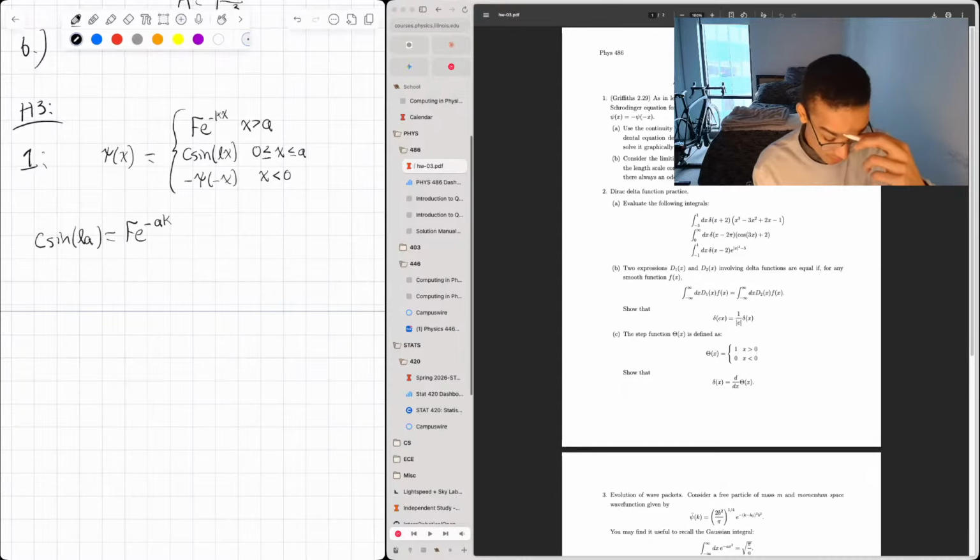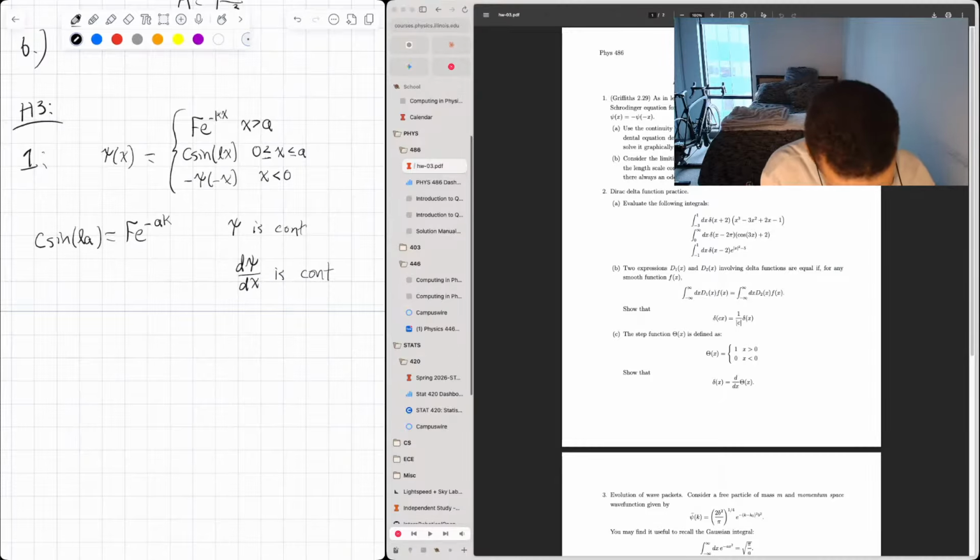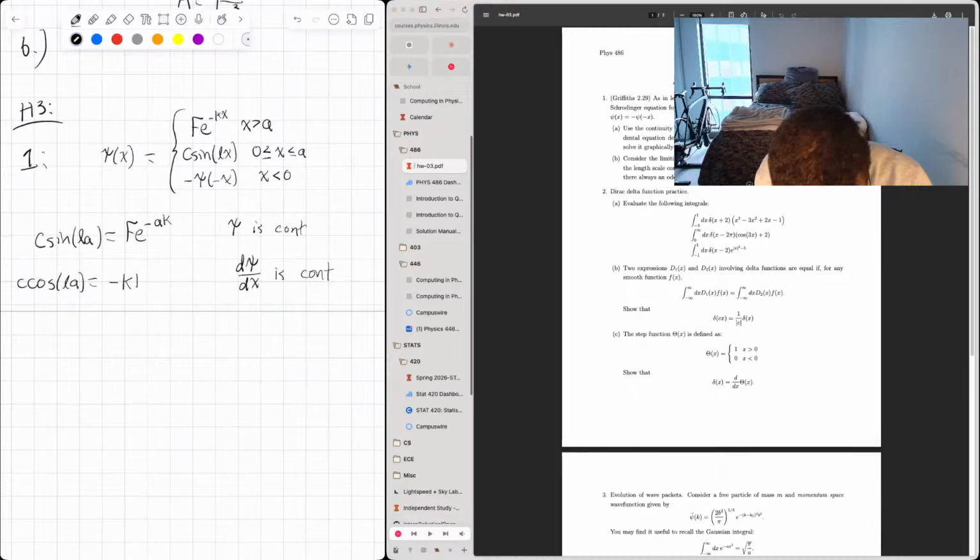Okay, no, I see. So the continuity says that psi is continuous over, well, it's free particle, so there's no bounds, but we also have d psi dx is continuous. So now we have C cosine LA equals minus K F e to the minus aK.